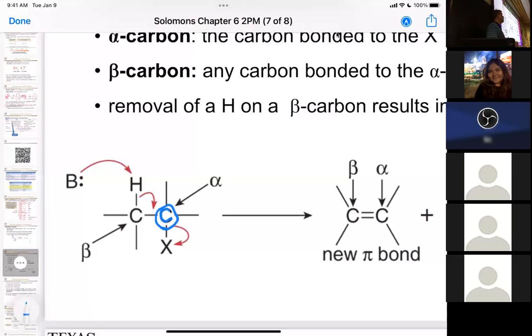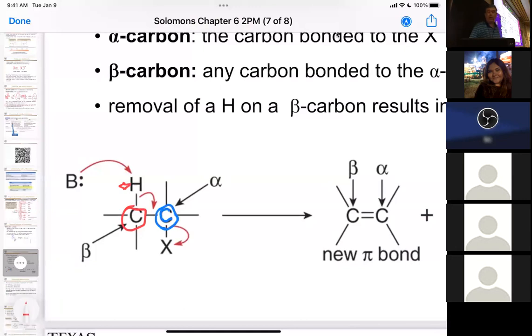So we're identifying those as beta. So these are beta carbons right here. And the double bond is going to form between the alpha carbon and the beta carbon. Okay, which means we have to remove the hydrogen from the beta carbon. And we call these beta hydrogens because they're on a beta carbon.